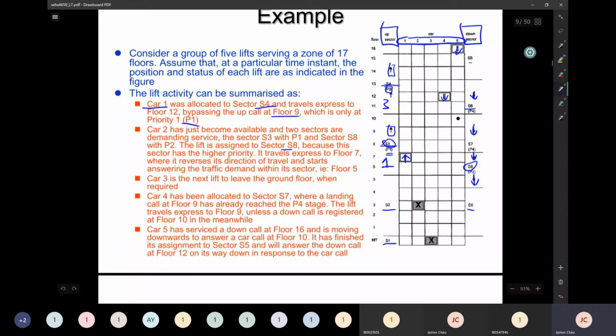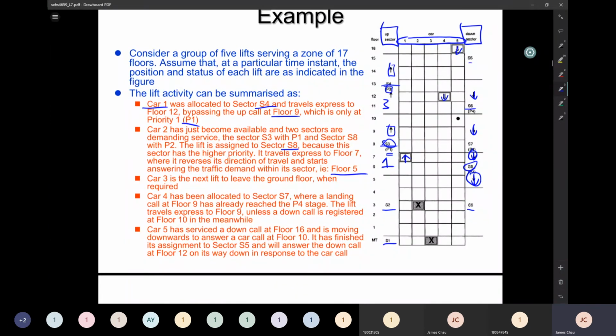Therefore, the lift will be assigned to setter 8, and it will travel to 7.4 because we have 2 down calls here. Okay, and then it starts to reverse the direction and picks up the passengers at 4.5, 5.4, and then goes down to the main terminal.